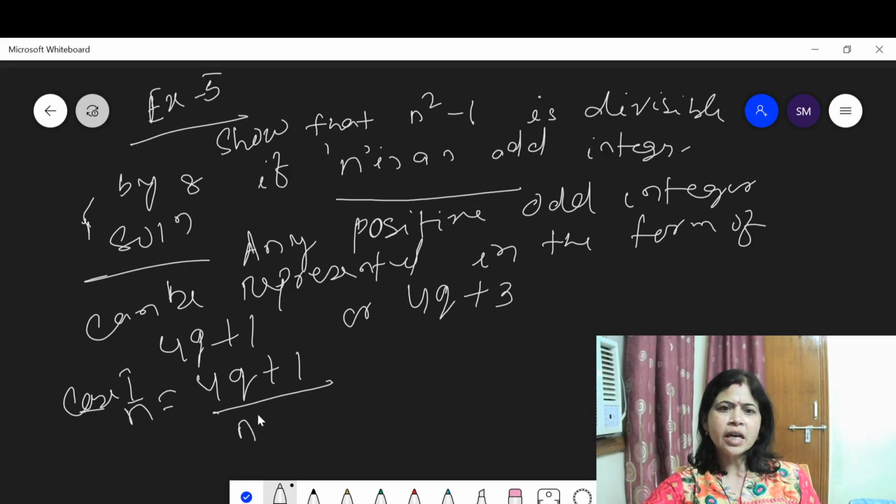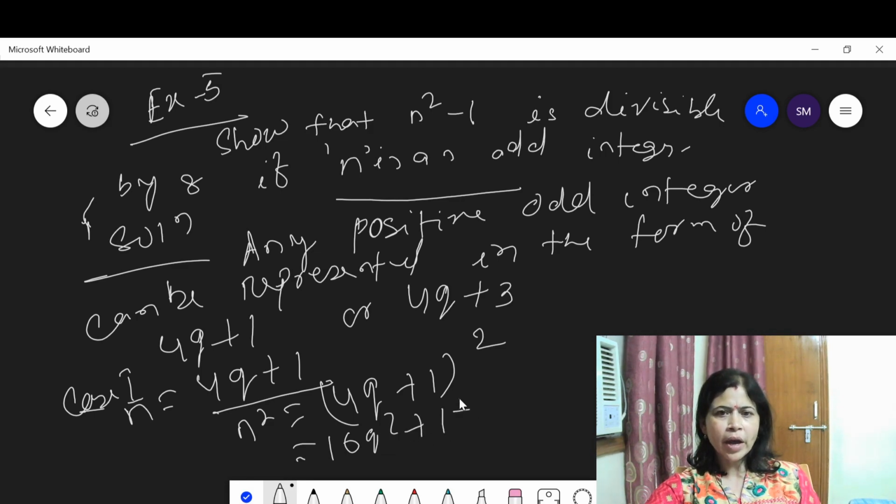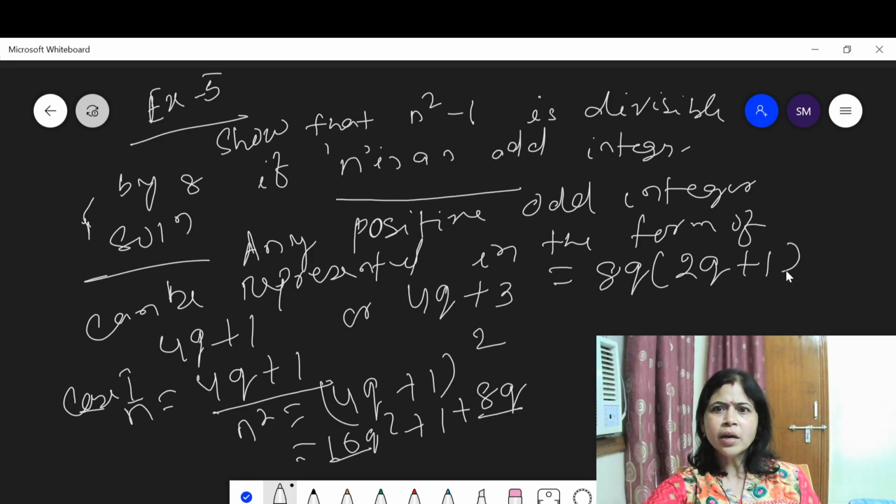Taking square on both sides, n square is equal to 4q plus 1 whole square. (a plus b) whole square is a square plus b square plus 2ab. Then 16q square plus 8q, which can be written by taking 8q common, as 8 times 2q square plus q, plus 1. Let this bracket be m.